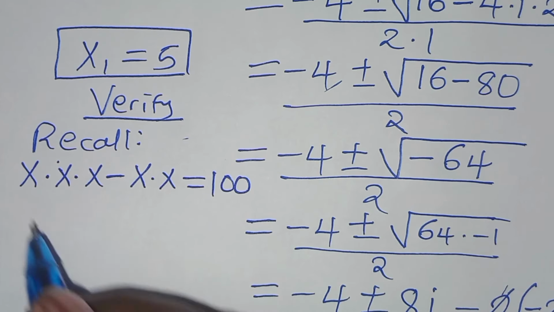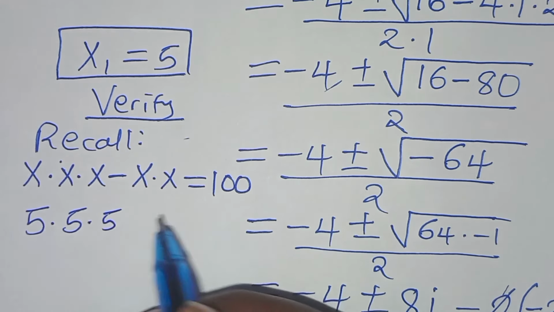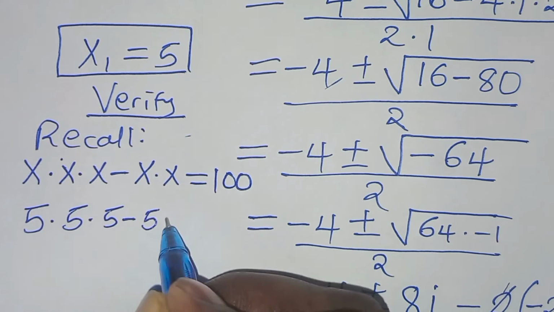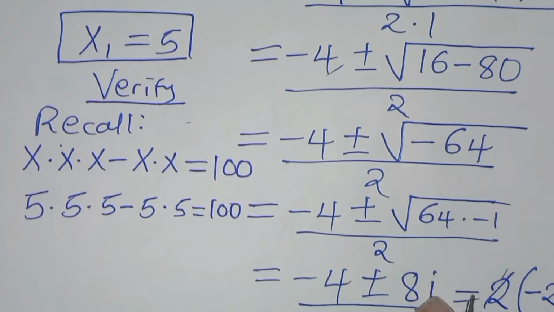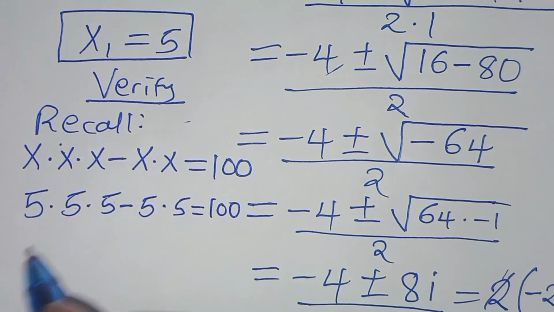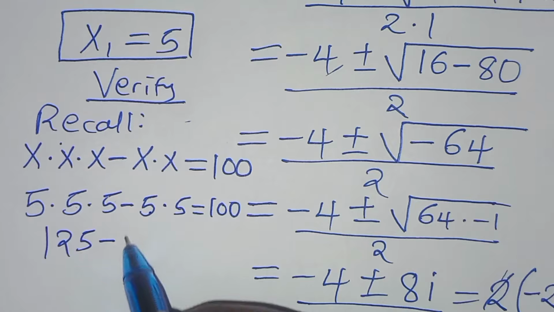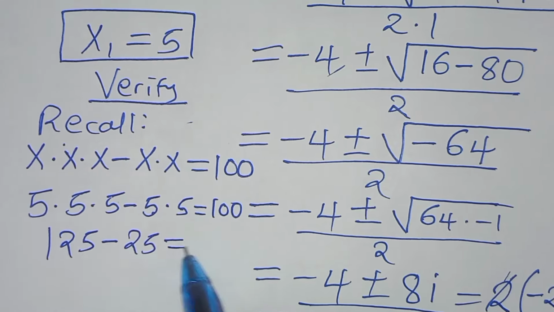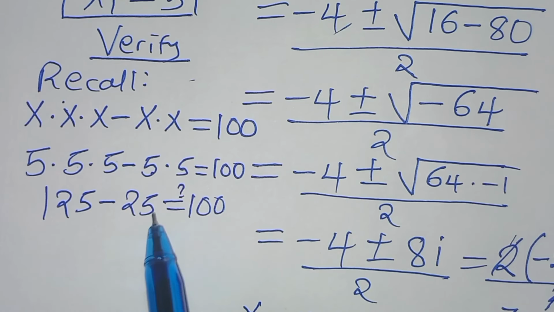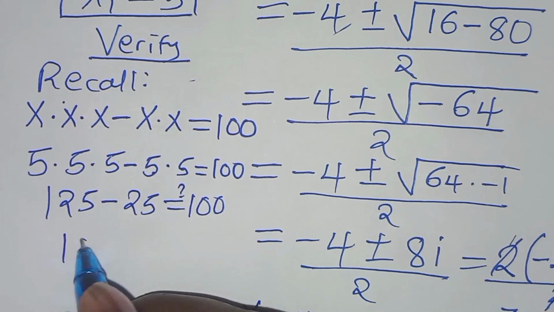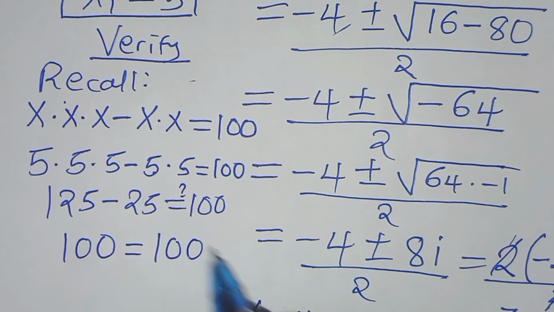So we have 5 times 5 times 5, subtract 5 times 5. 5 times 5 times 5 is 125, subtract 5 times 5, which is 25. So 125 minus 25 is 100, which is equal to 100.